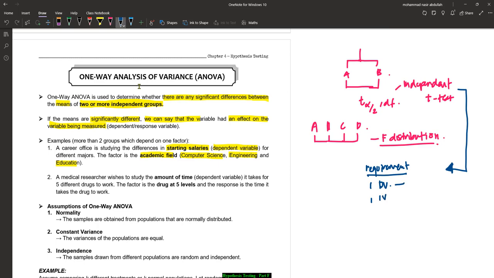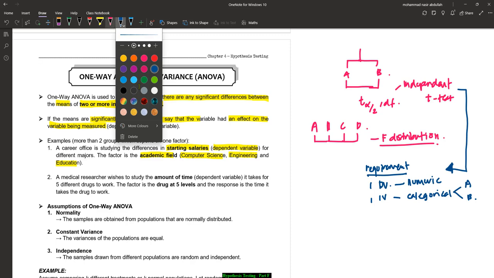So one dependent variable ni should be numeric, right, ataupun quantitative, and independent variable should be categorical. So categorical with two level, level A and B. So this is the requirement for independent sample t-test.